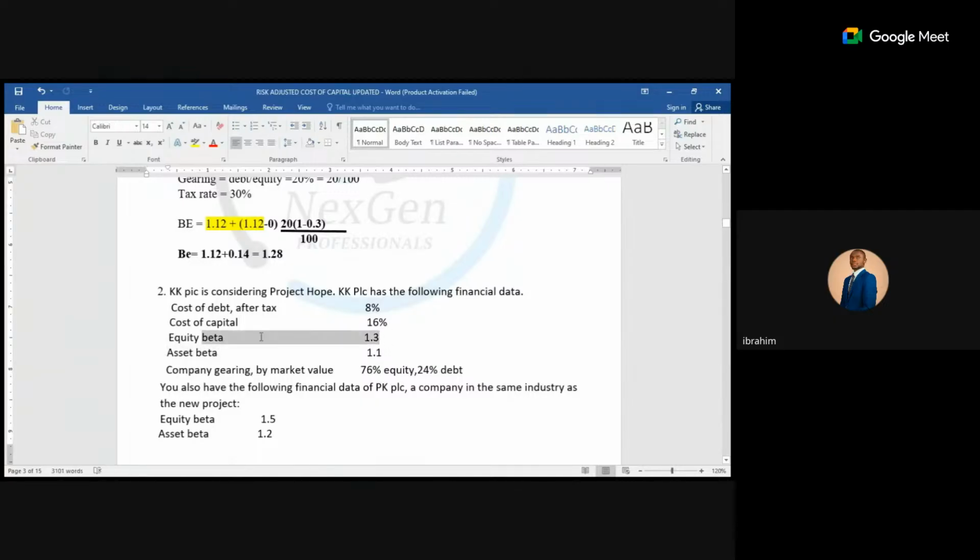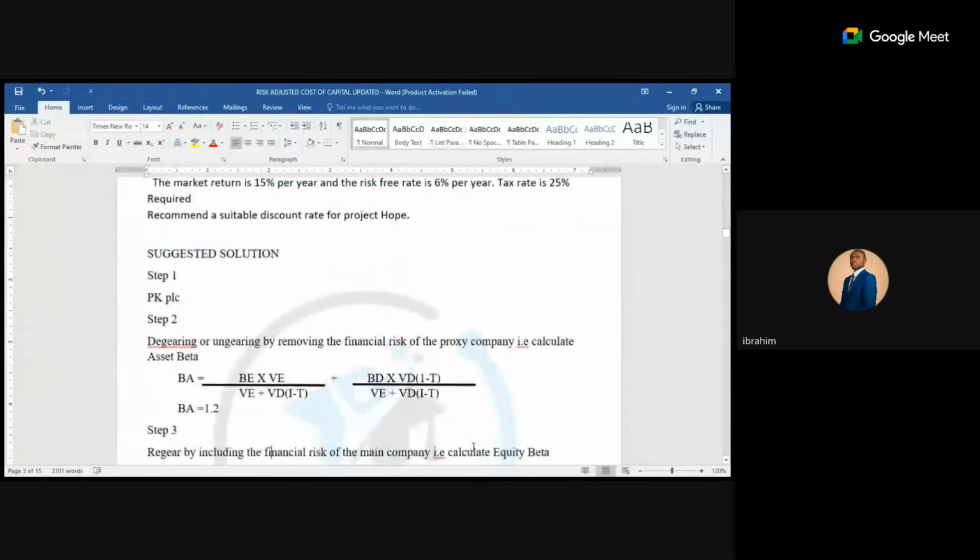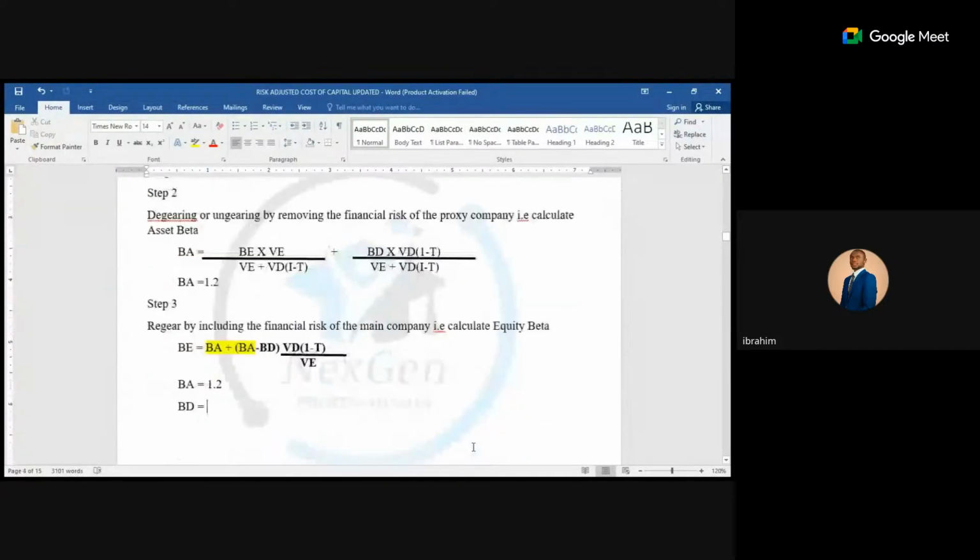We have equity beta. There is no beta debt. Class, do we have beta debt of the main company? No, sir. Okay, thank you. So therefore, the beta debt will be 0.